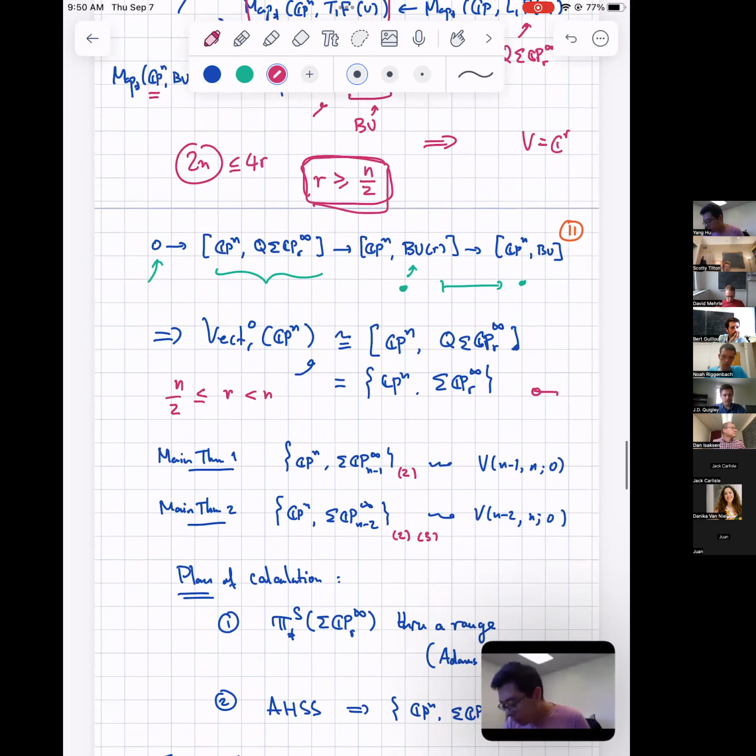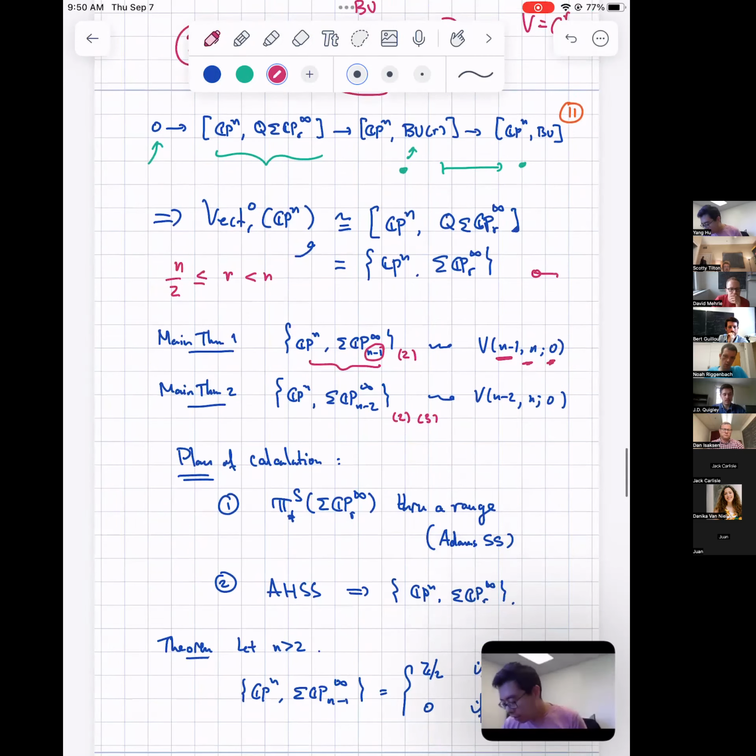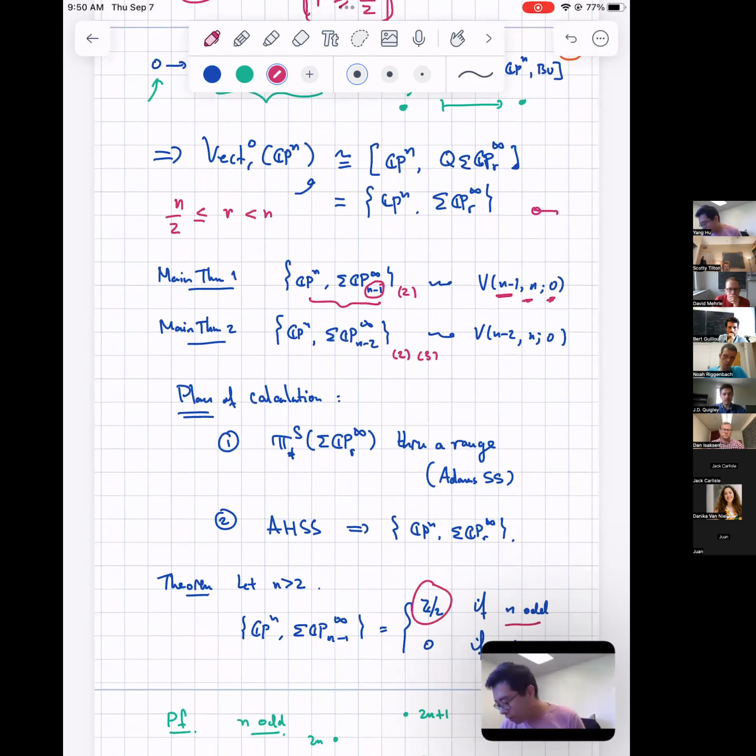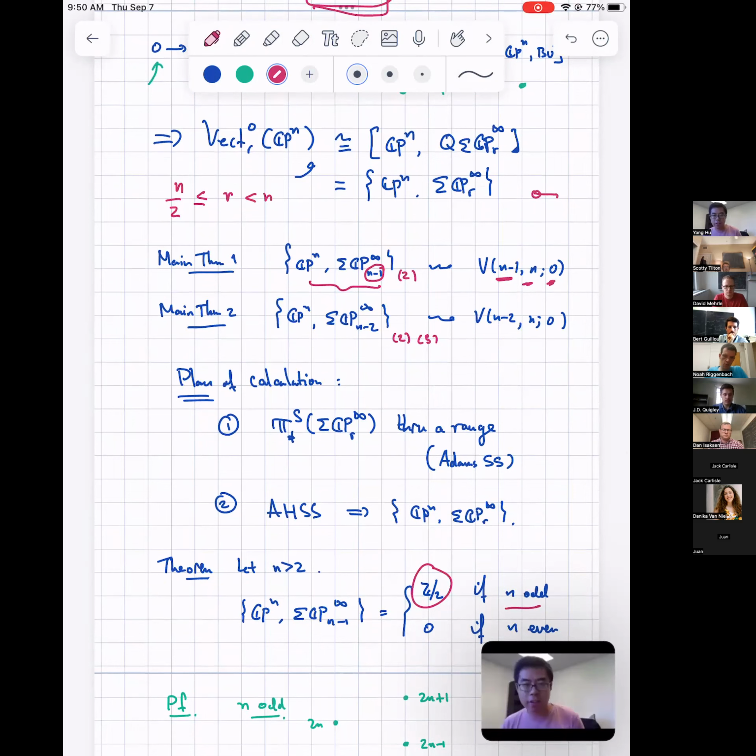Our first main theorem is the first unstable case, which enumerates rank n-1 bundles over CP^n whose Chern classes vanish. We're going to make this calculation here when R is n-1. Here, only prime 2 is going to contribute, and this calculation is Z/2 if n is odd and 0 if n is even. So this gives the enumeration in the first unstable case.